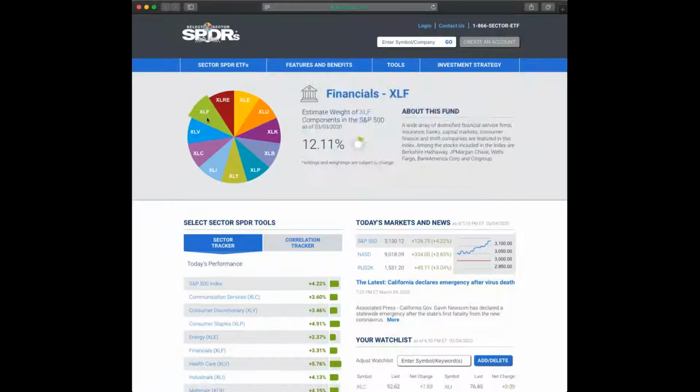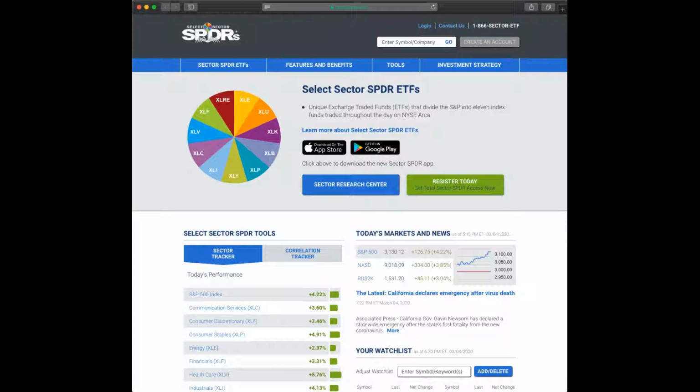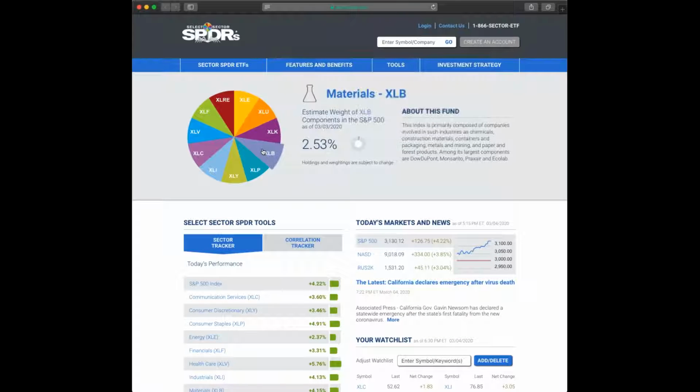We have our XLF, which is financials, XLRE, which is real estate, XLE, which is energy, XLU, which is utilities, XLK, which is technology, XLB, which is materials, XLP, consumer staples, XLY, consumer discretionary, XLI, industrials, XLC, communication services, XLV, which is healthcare.